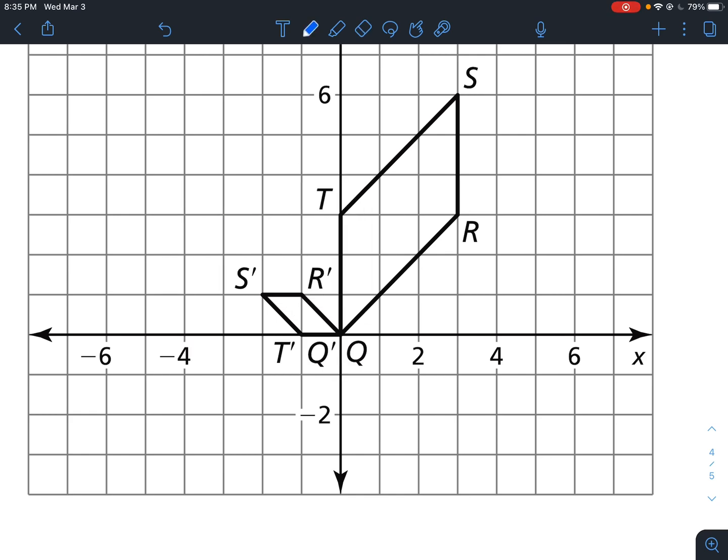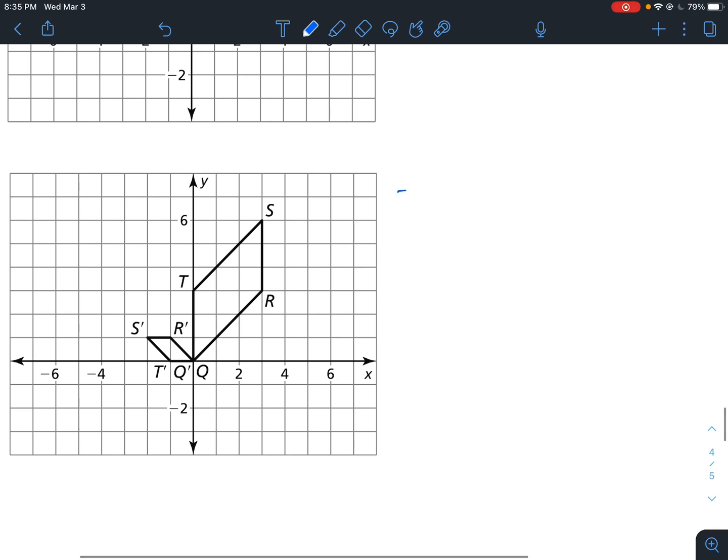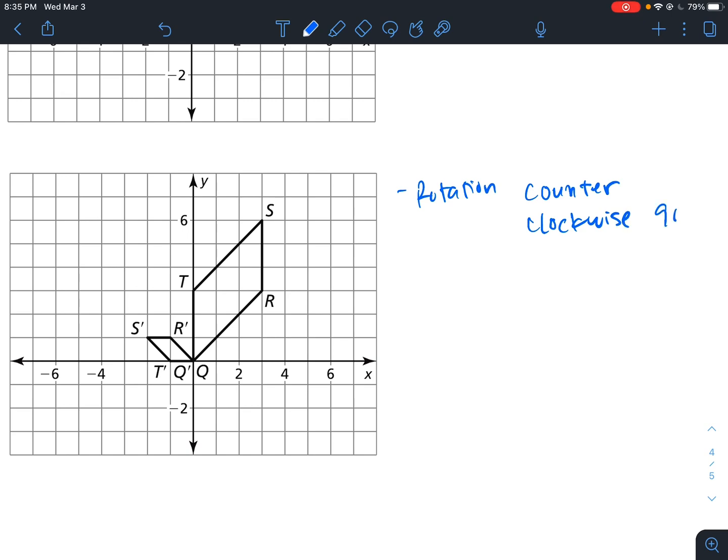So that's got to be my first one. So it has to be a rotation counterclockwise, 90 degrees, about the origin.